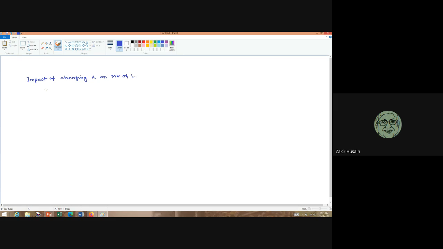So in other words, we have changed L. If we change L, then Q is going to change. Now we want to see that if K is increased, how does it affect this relationship? So what are we doing? We are changing capital, and we are evaluating the impact on the marginal product of labor.